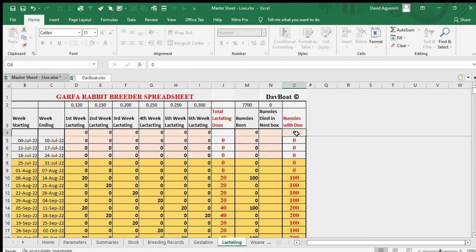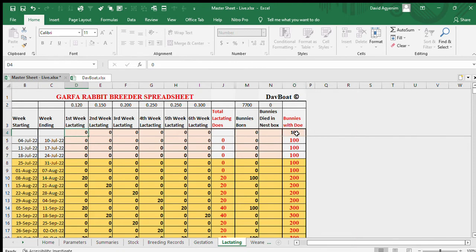Now for an existing farm, you will have this figure. You have some bunnies already with the doe, so you count and put that figure here. I have 100 bunnies at various stages with the doe. I put it here.